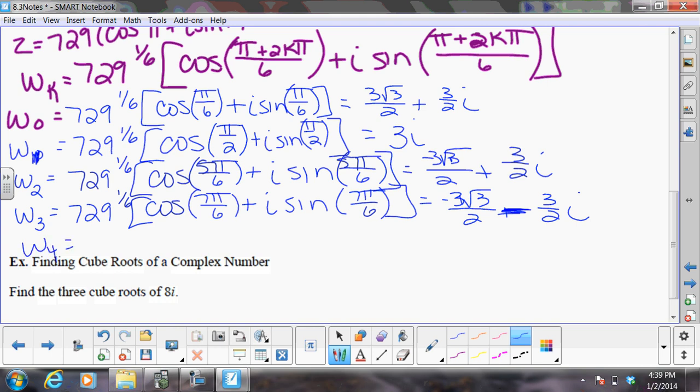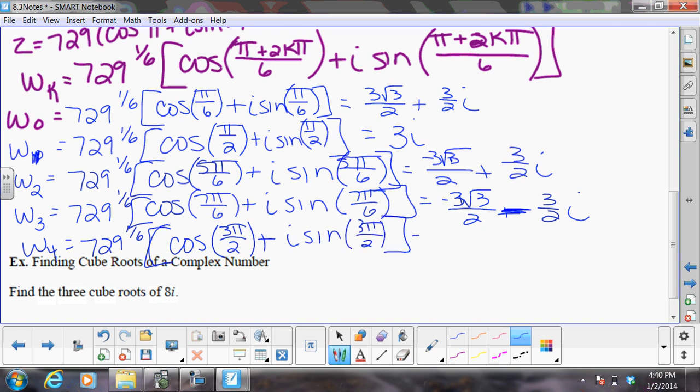If I do 4, if I plug in 4, I get 9 pi over 6, which is 3 pi over 2, once you reduce. This evaluates to negative 3i. One last one.